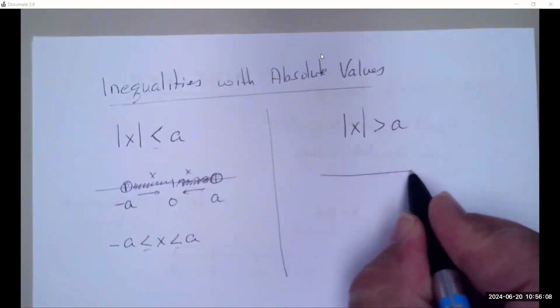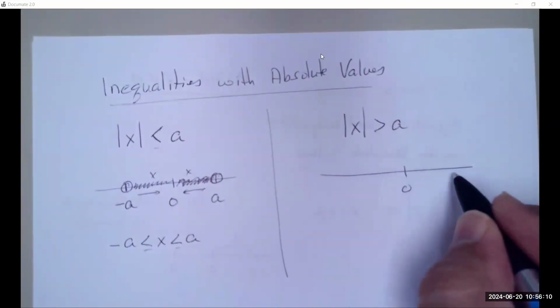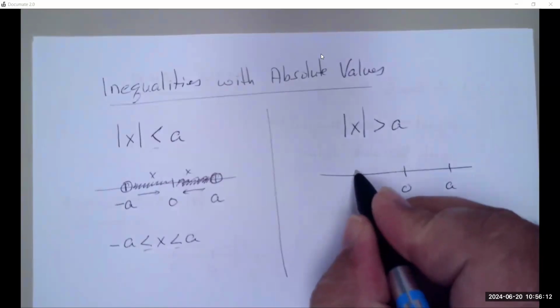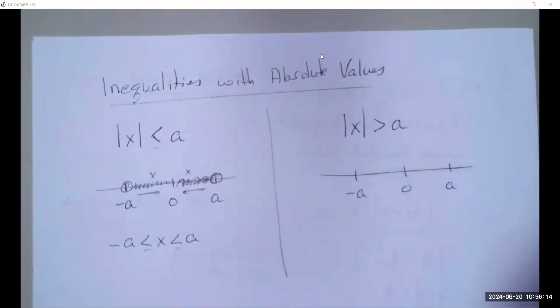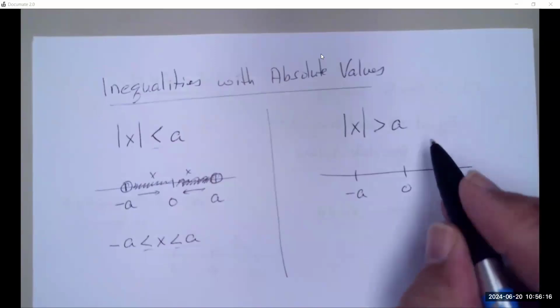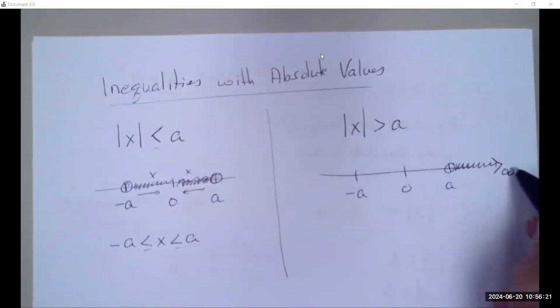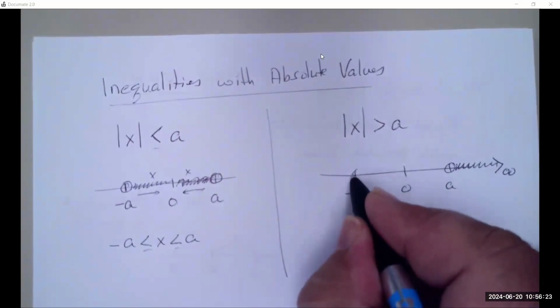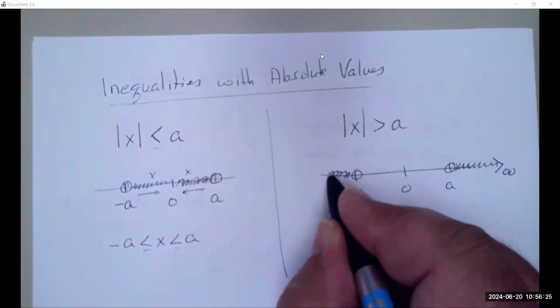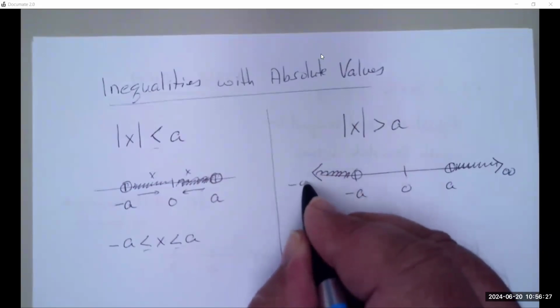Now, if x is greater than a, that means it's to the right. It's going to infinity. That means on the other side, it has to go to the left. It has to go to negative infinity.